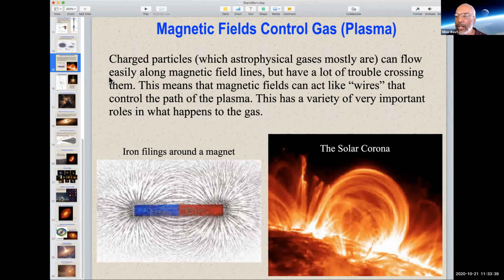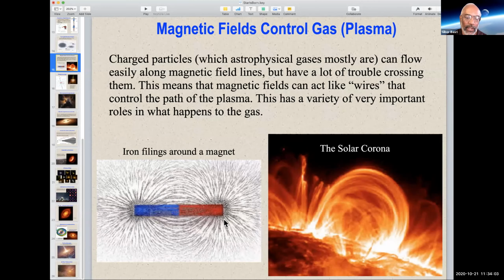So now I'm going to talk a little bit about some of those processes, but I also need to bring in one other fact here. Magnetic fields control charged particles, and the gas that I'm going to be talking about is charged. It's a plasma, so the electrons and protons are stripped away from each other. Once that happens, gas has to sort of follow magnetic fields.